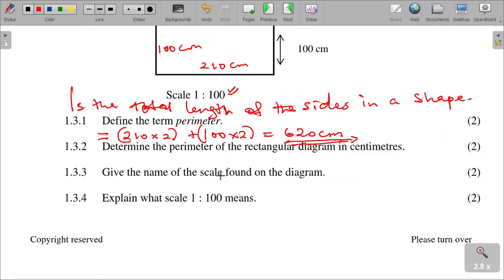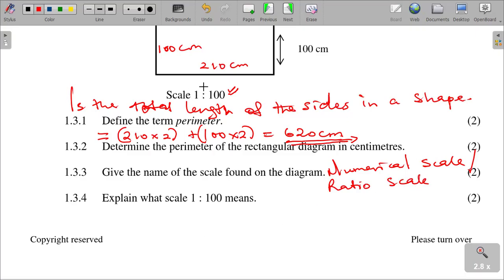So the name of the scale is a numerical scale, or they can as well call it a ratio scale.